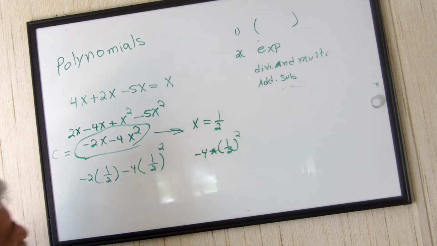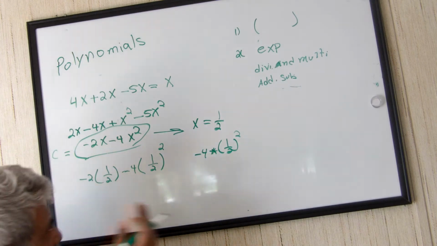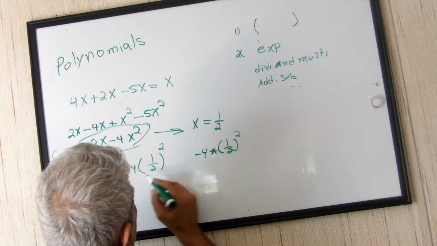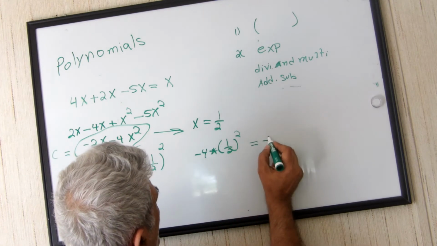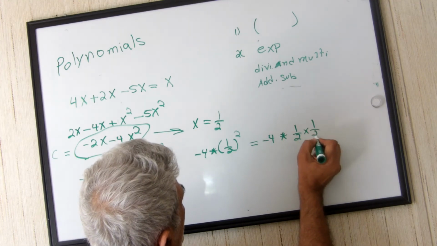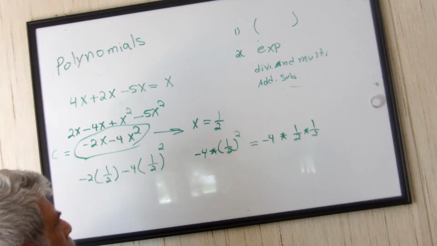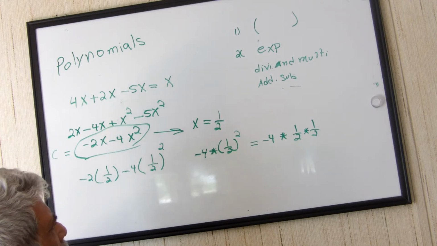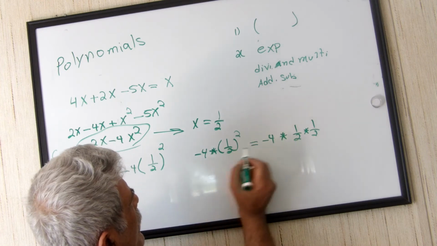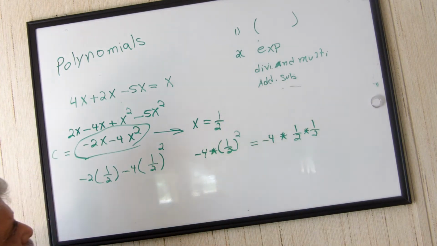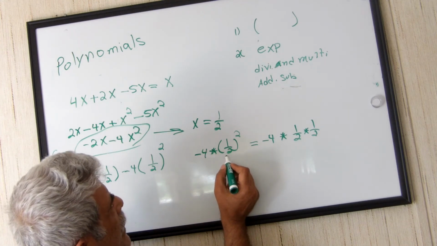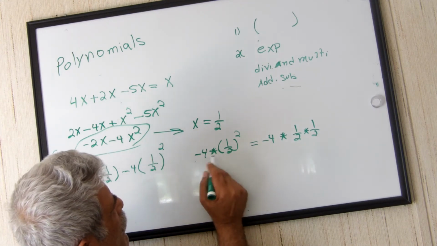It doesn't mean anything. What it means is that minus 4 times 1/2 is multiplied by 1/2. That's what it means. These two mean this one, and minus 4 is this. So we compute the parentheses and the exponent, and then we multiply.